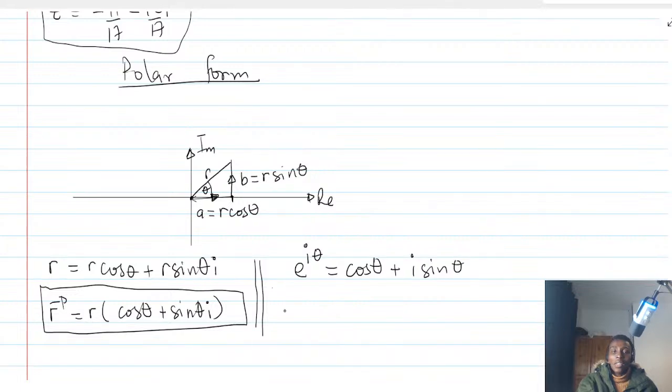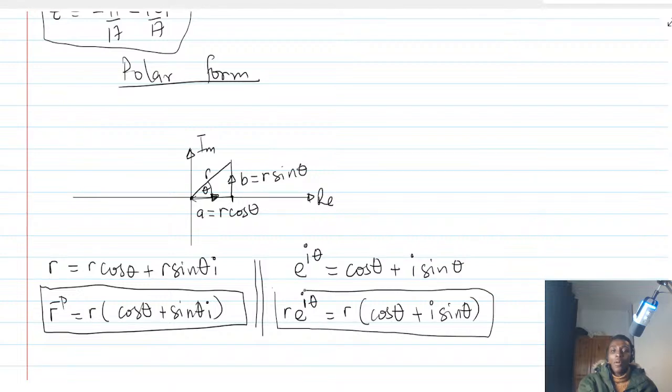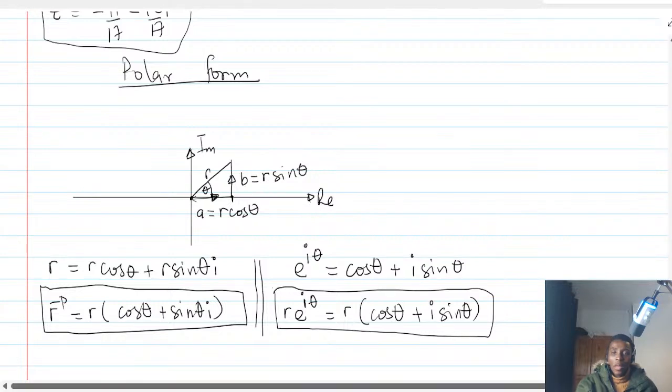So in other words, whenever you have a complex number, you can rewrite it as R e^(I theta), which will be what? R cosine theta plus I sine theta. So in other words, this representation is coming from Euler, and then we call it the polar form. All right.